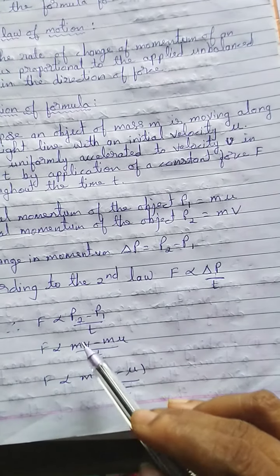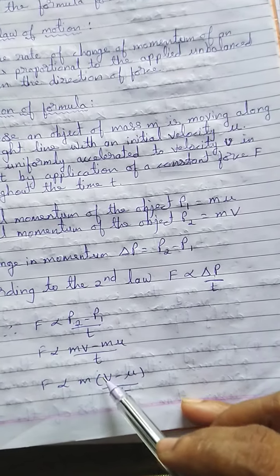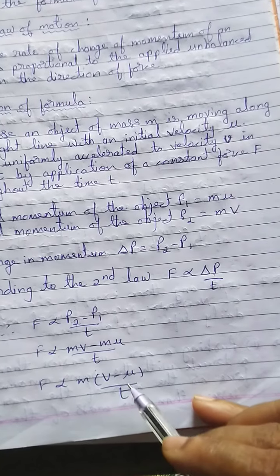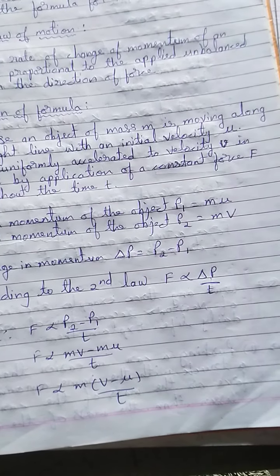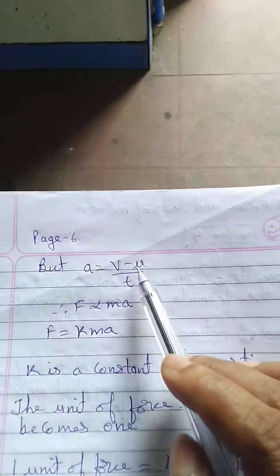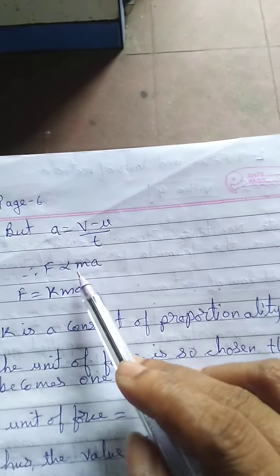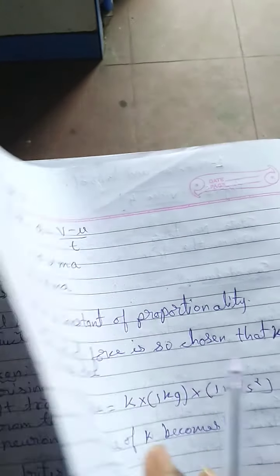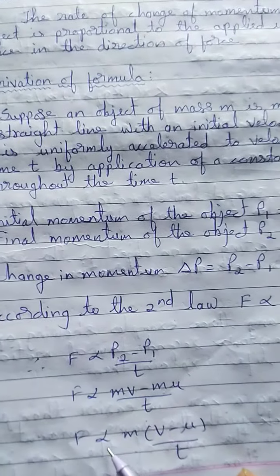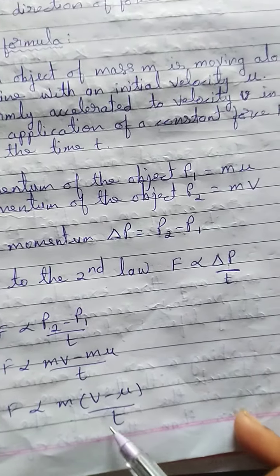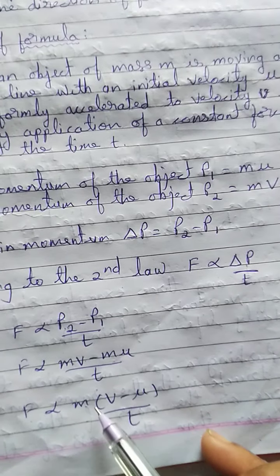So F is proportional to, taking m as common, m into the bracket v minus u upon t. But v minus u upon t is the formula of acceleration. So we can write a is equal to v minus u upon t. So F is proportional to m into a.